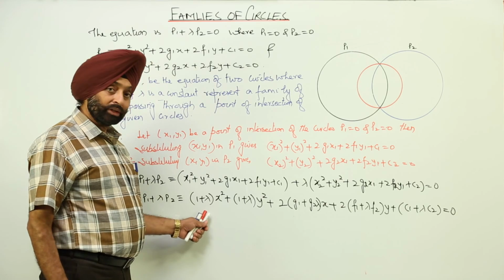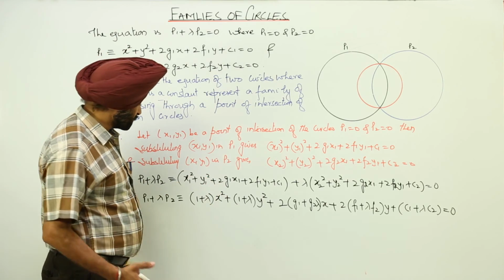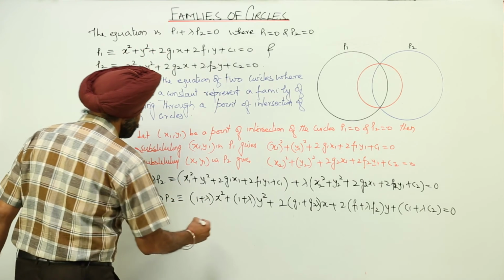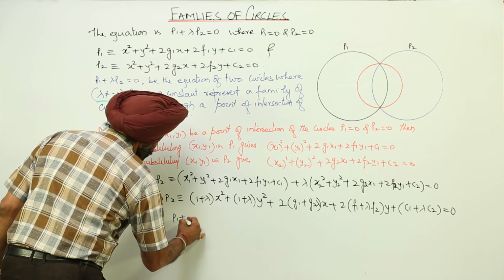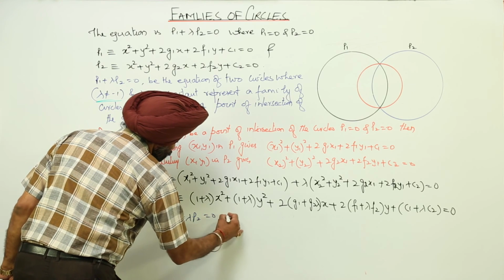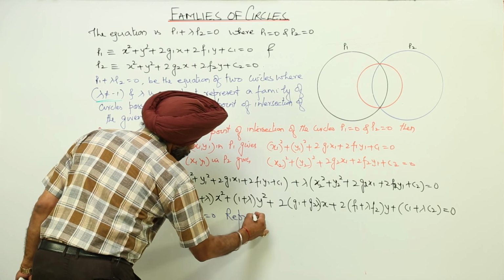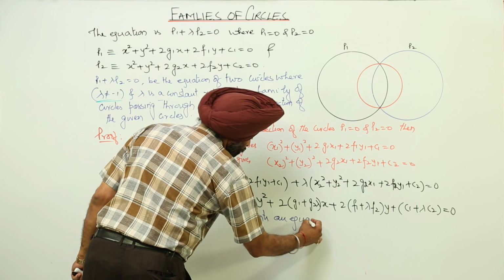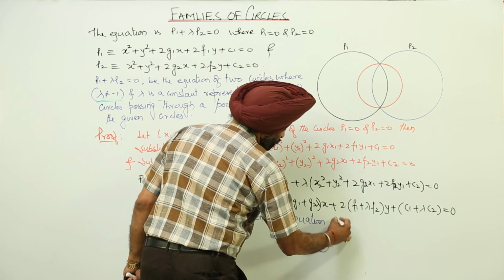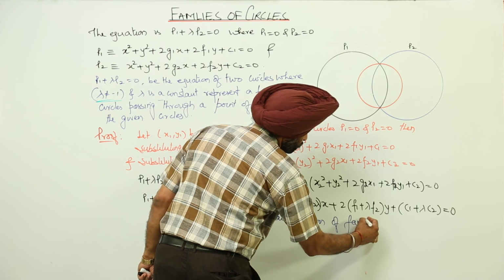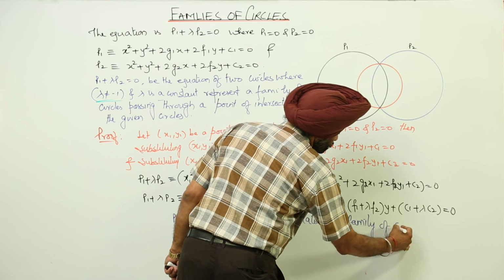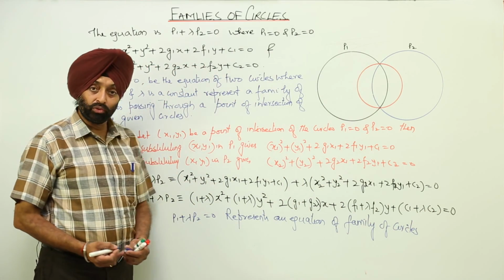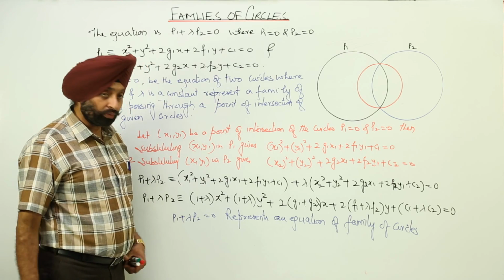These are the variables which are already given to us, okay. So at the end we are having P1 plus lambda P2 is equal to 0 represents an equation of a family of circles.